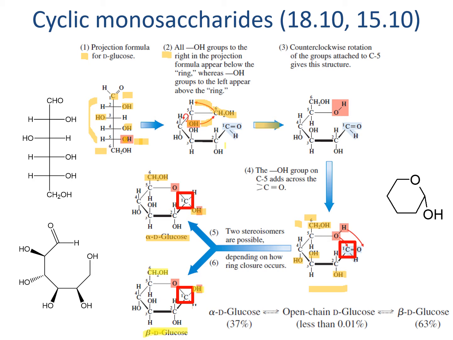Again, the anomeric carbon, the one that can have the OH pointed up or down, is the hemiacetal carbon. And it's always in the same place on these molecules, immediately clockwise from the oxygen in the ring. It can change because it's not chiral in the aldehyde form and only becomes chiral when it becomes a hemiacetal.